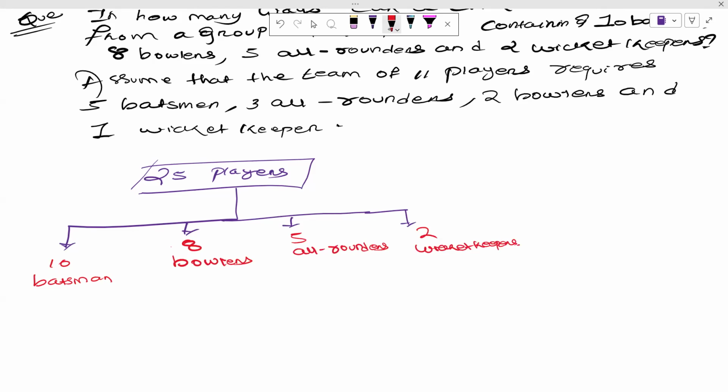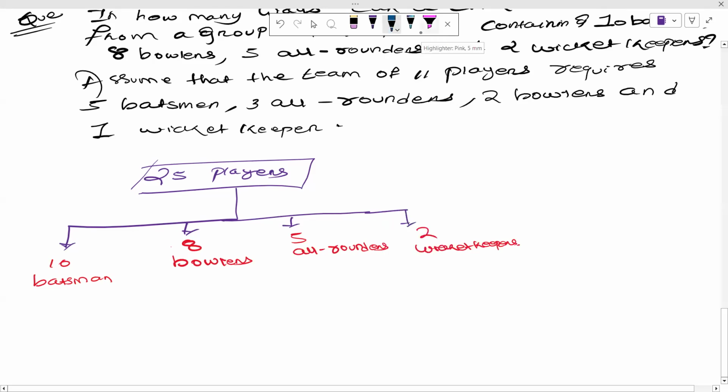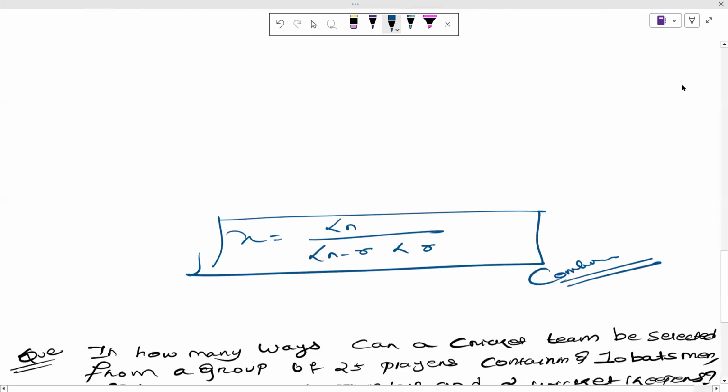Now, what is he saying? Here we have to assume a team of 11 players. In that 11 players, we need 5 batsmen, next 3 all-rounders, next 2 bowlers, and the last one is 1 wicket keeper.